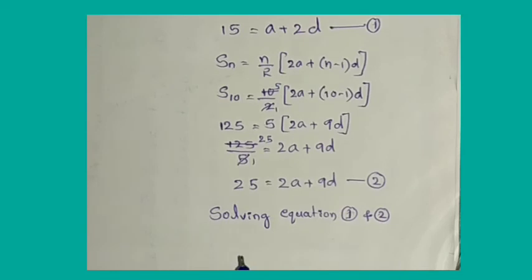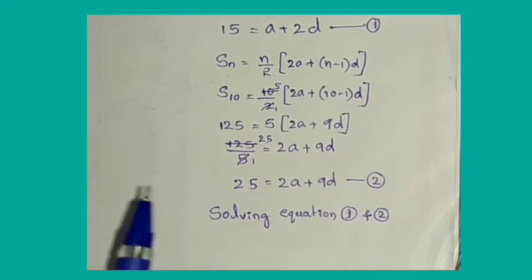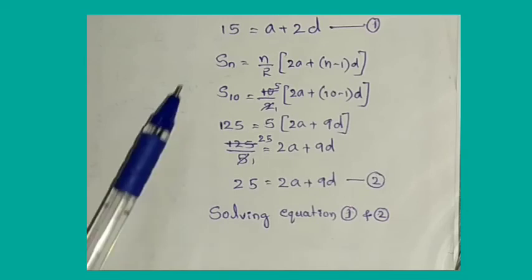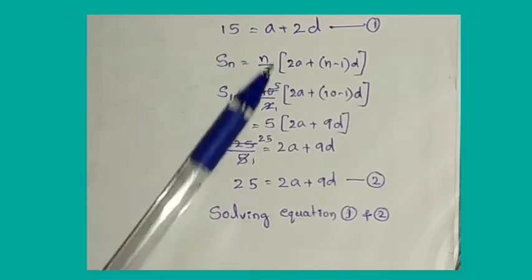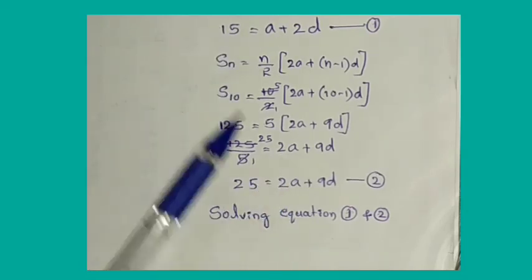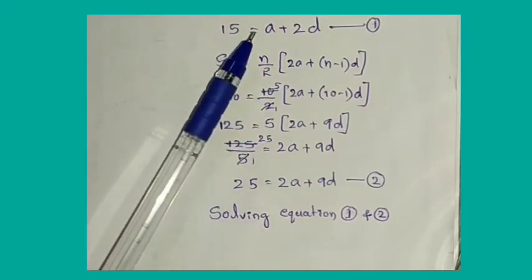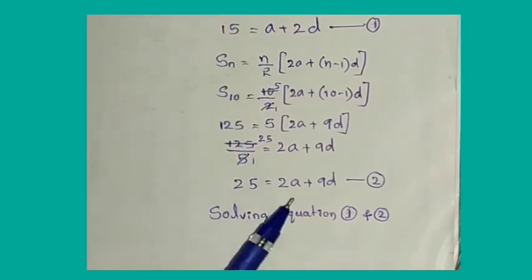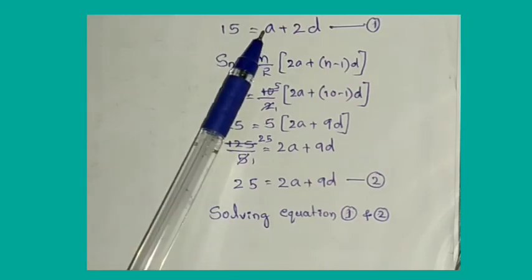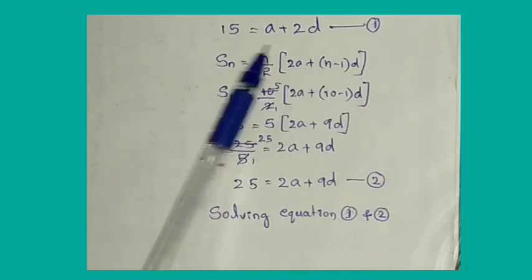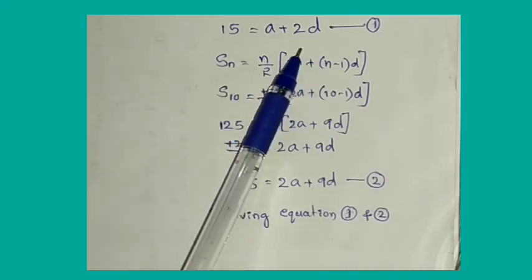Now solving equation number 1 and 2. But in equations 1 and 2 we are not getting any like terms to subtract. See, here a is there, and here 2a is there. So to get 2a, we have to multiply the whole equation 1 by 2.